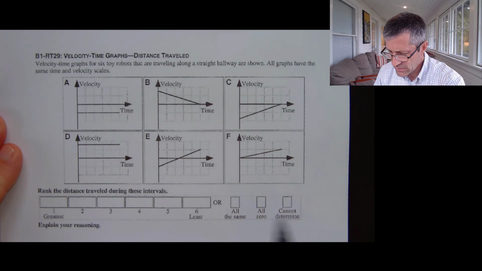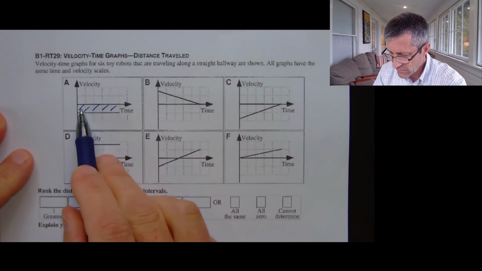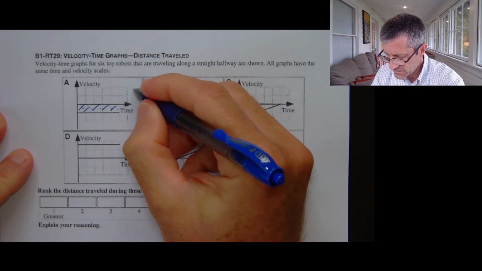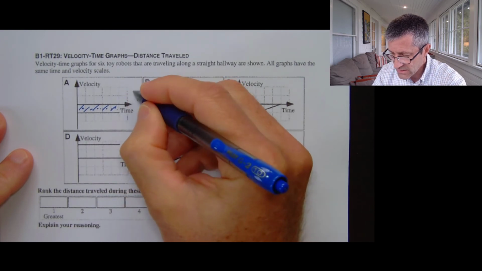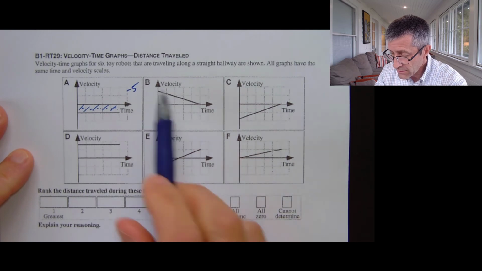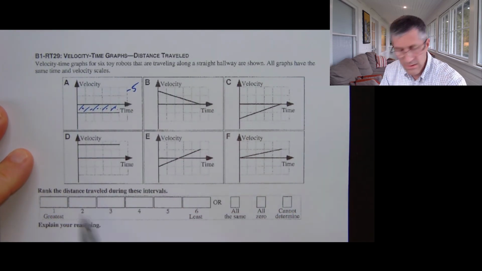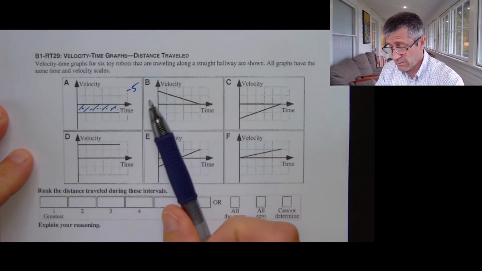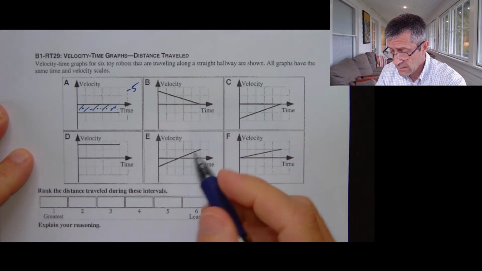Distance traveled. So for the velocity-time graph, distance traveled, I'm going to look at the area under the curve. So here I have 1, 2, 3, 4, 5, 6 boxes. No, I guess 1, 2, 3, 4, 5 boxes underneath. So I'm going to call this a -5. And they're asking for distance traveled, so the fact that it's negative doesn't matter. If they're asking for displacement, I would worry about the negative sign, but distance traveled means it doesn't matter if it's positive or negative direction.